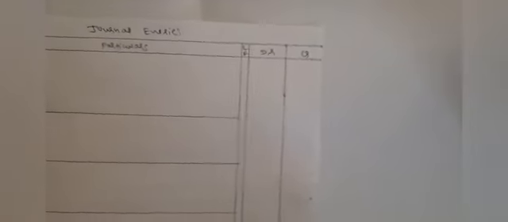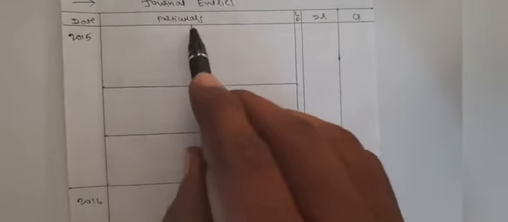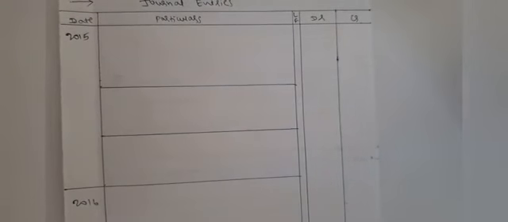Okay. So let me start the solution for this. See, this is the format for journal entries. Journal entries: date, particulars, ledger folio, debit and credit. Now see, for passing journal entries, we have to pass journal entries year wise.